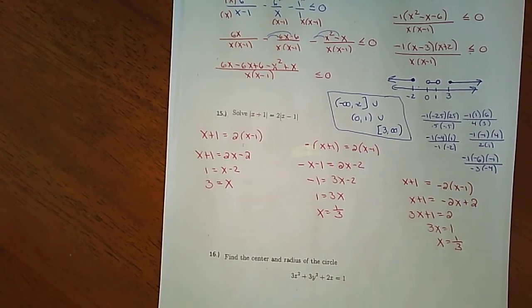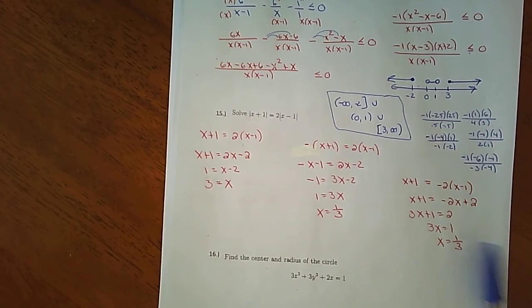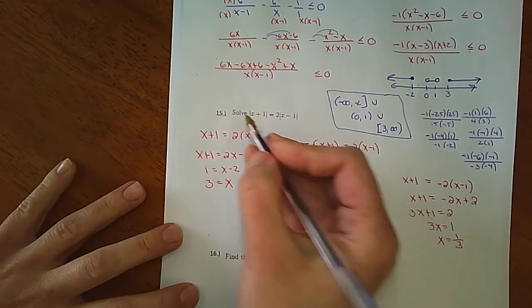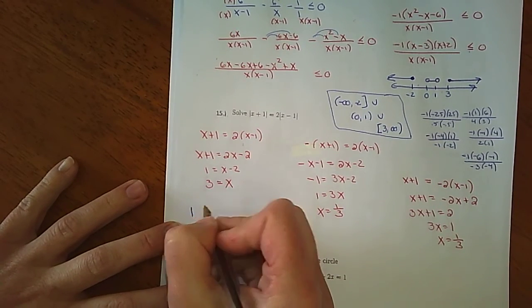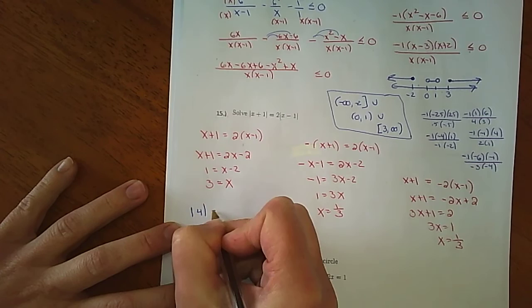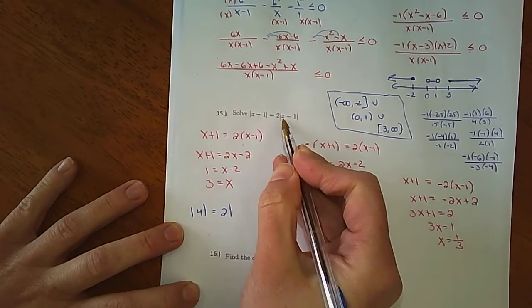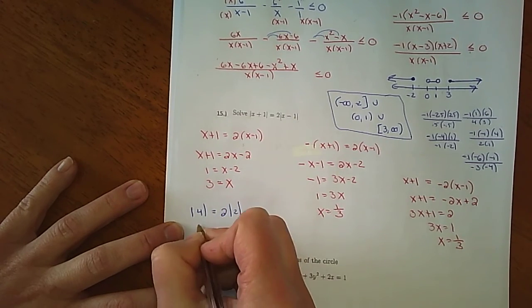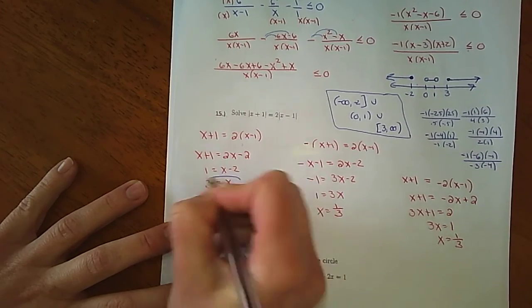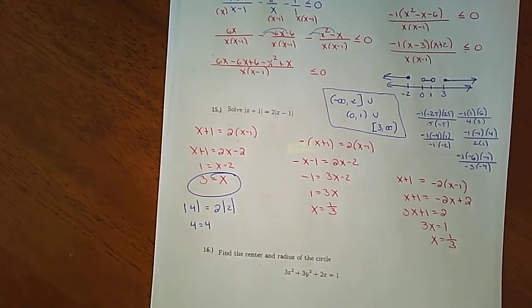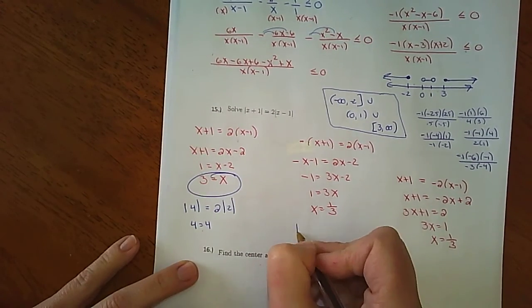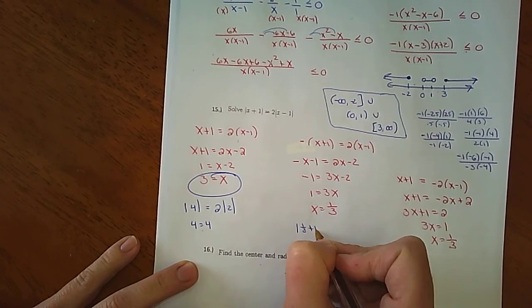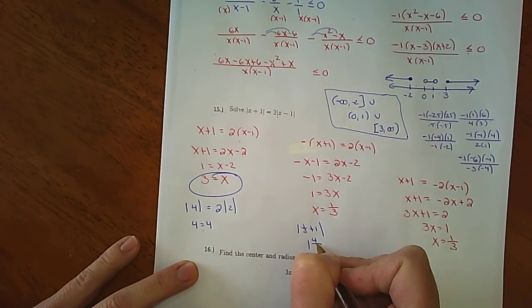Now, just like radical equations, you have to check absolute value equations. So I'm going to plug 3 into the original. So that becomes 3 plus 1, that's 4. Will that equal 2 times 3 minus 1 is 2? Does 4 equal 4? Sure does, so I'm going to circle him. Now I'm going to check the 1/3. 1/3 plus 1 is 4/3.